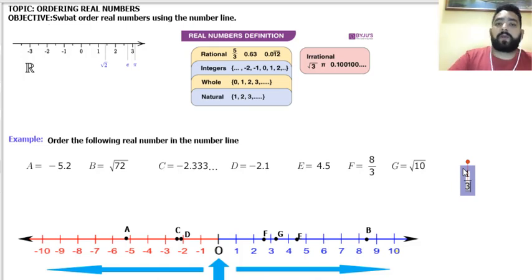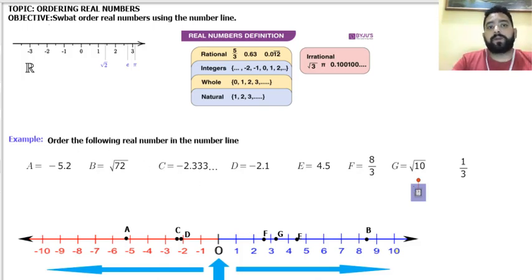It's a rational number because it's a non-terminating decimal with a repeating decimal, which is 3. So if you want to locate 1 over 3, it's going to be between 0 and 1, in this position. The approximation is this position, okay?